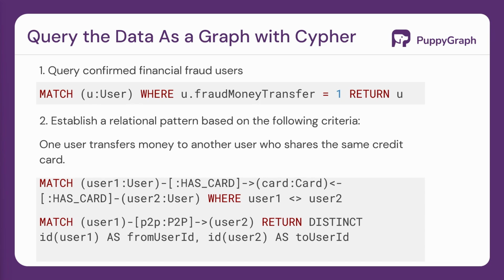The second step is that we want to establish some relations between the users. Here we take one example: if two users transferred money before, and at the same time they share the same credit card, usually they belong to the same fraud group, and we want to build a relation between all of them.